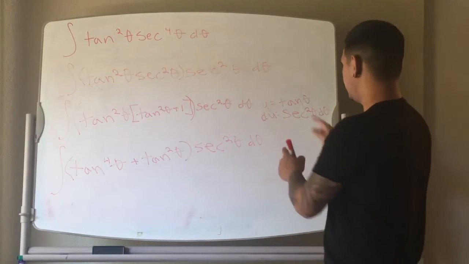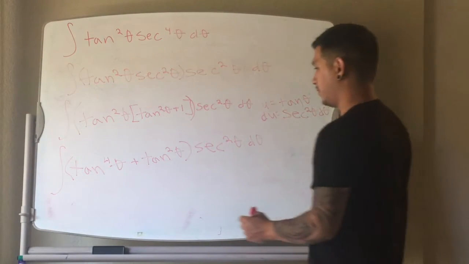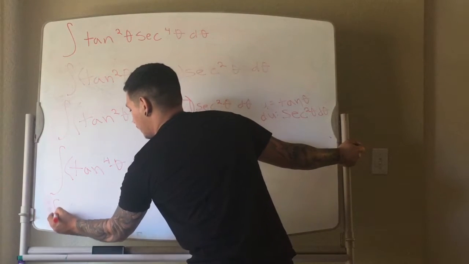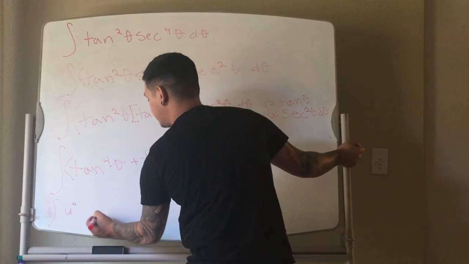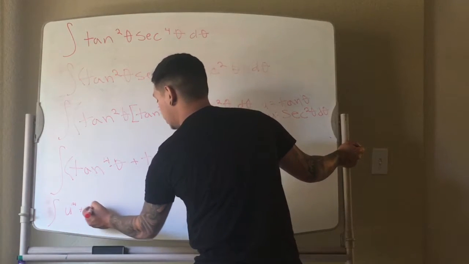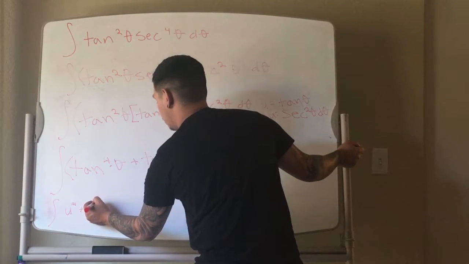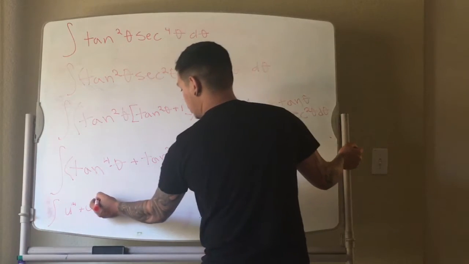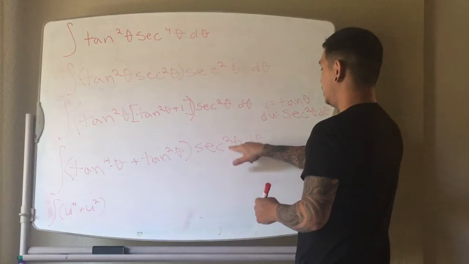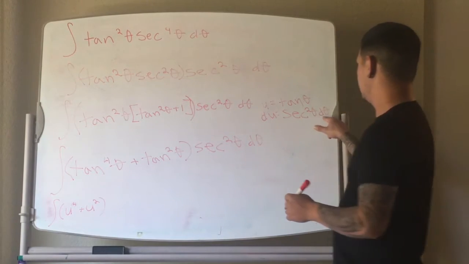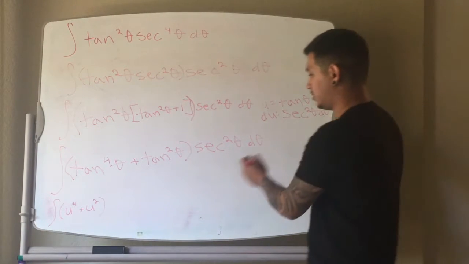Okay, so if we just substitute what we have so far, we have u to the fourth plus u squared. Now secant squared theta d theta is equal to du, so we're going to substitute du there.